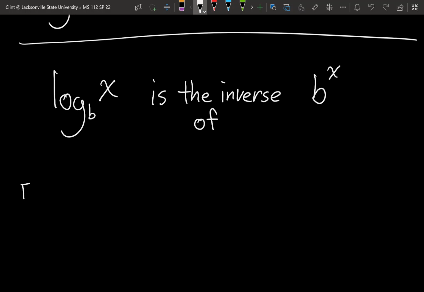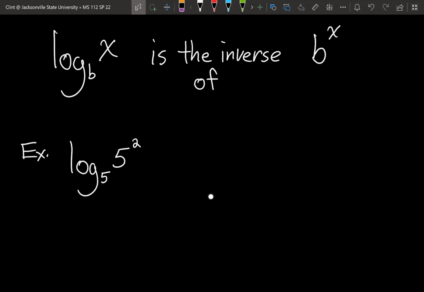So let's remember what inverses do. They just undo each other. They cancel each other out, like multiplying by 2 and dividing by 2, that's an inverse operation. So here's what I'm saying. Like we've got log base 5 of 5 squared.